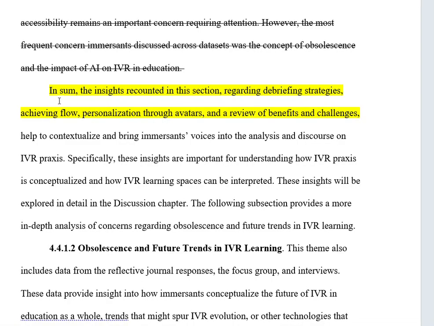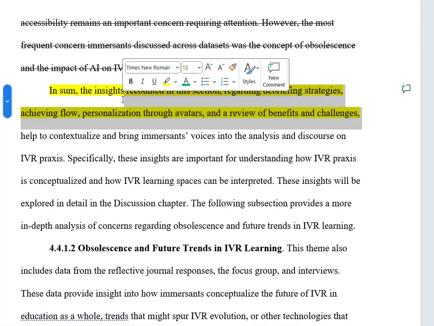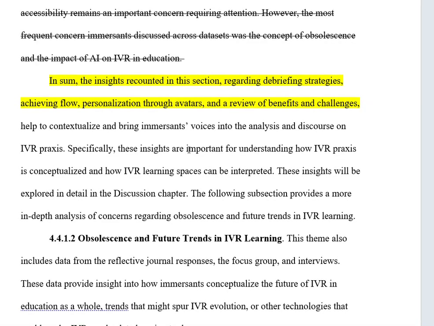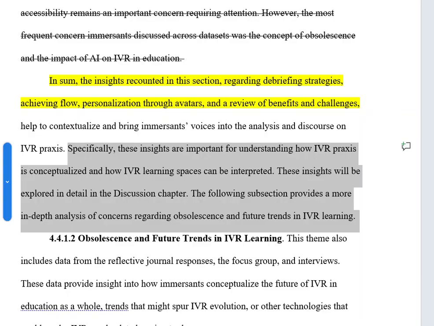And then you have, in summary, the insights, including what you talk about regarding debriefing strategies, flow, personalization. These aren't quite the same, but you should have this in the beginning paragraph and then included in here, including all your key themes. Help contextualize immersions' voices into the analysis and discourse and practice. Especially these are important for understanding how. Okay, again, that's you giving an interpretation.